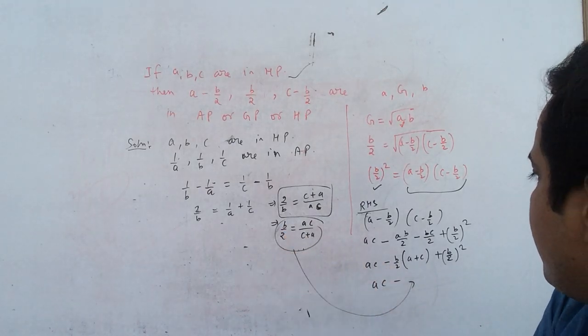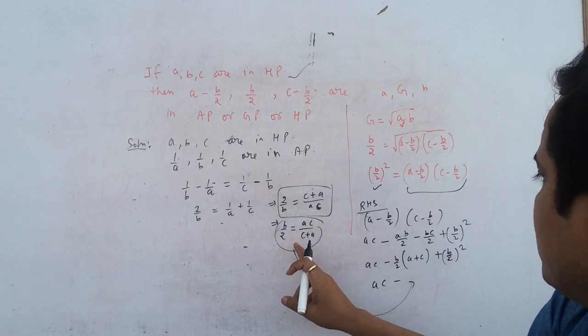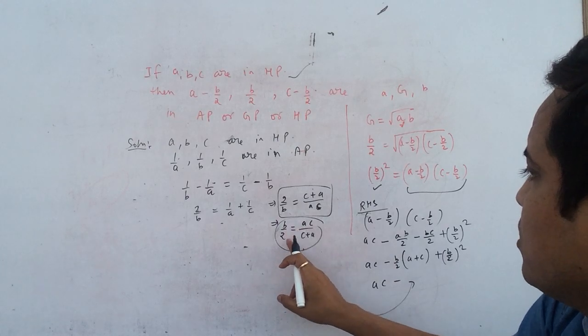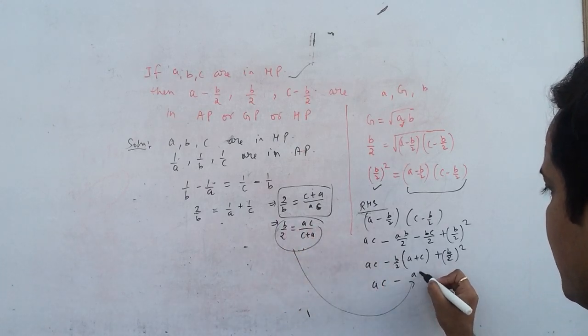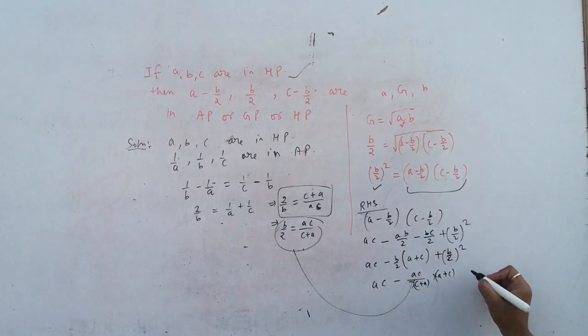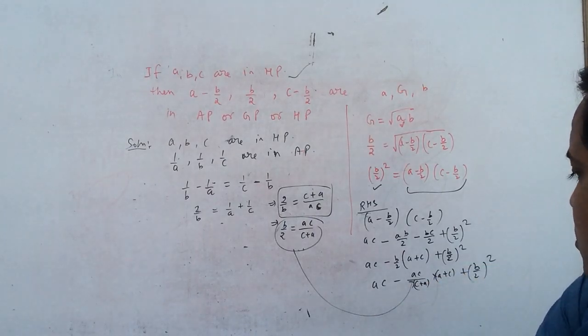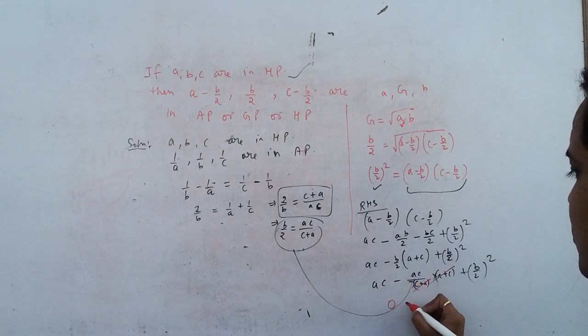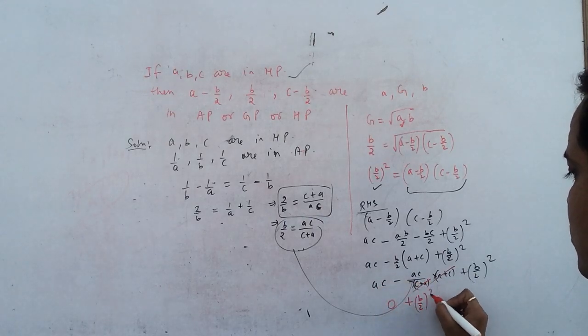You need to find the value of b by 2, which is AC upon C plus A. A plus C is already present here, plus b by 2 whole square. So C plus A and C plus A cancel out, AC minus AC would be 0, and you get b by 2 whole square.